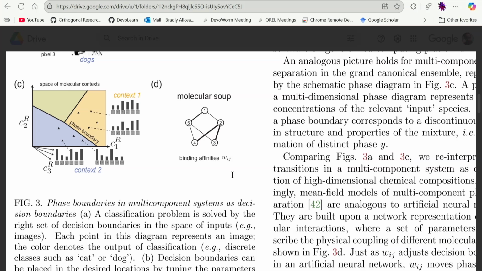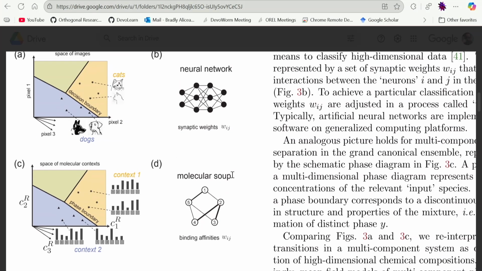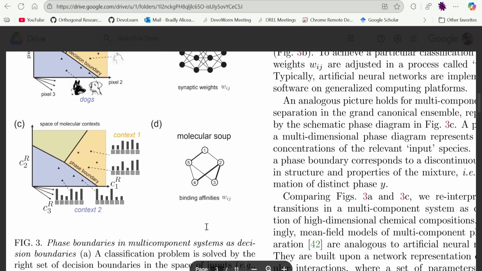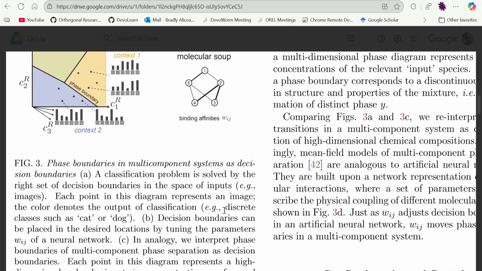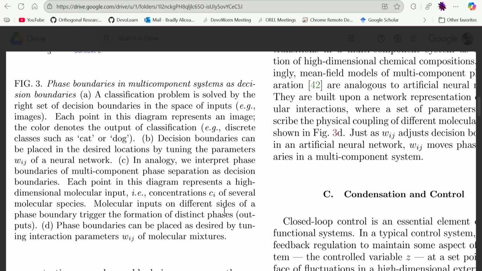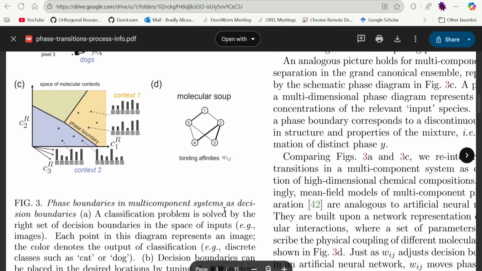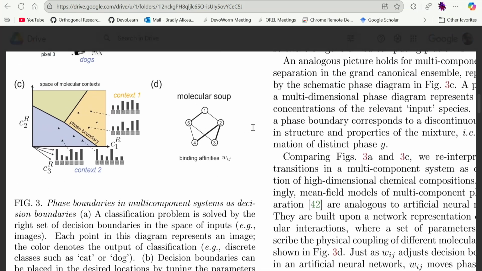Now in a molecular soup, this is not a neural network. They do have the synaptic weights, which is Wij. So they use that in this model of the molecular soup, which is a network of different molecular actors and their interactions between them.